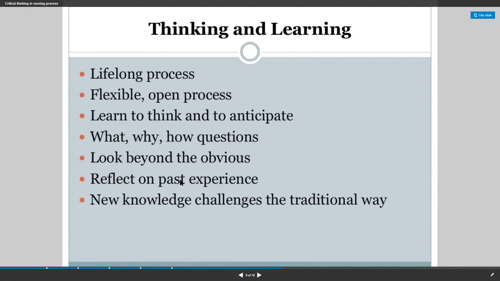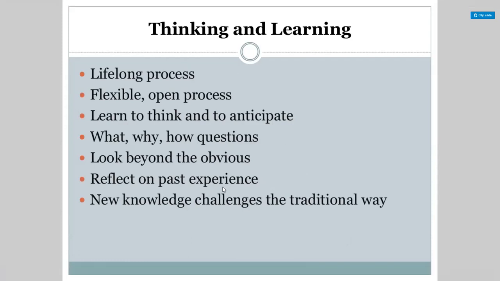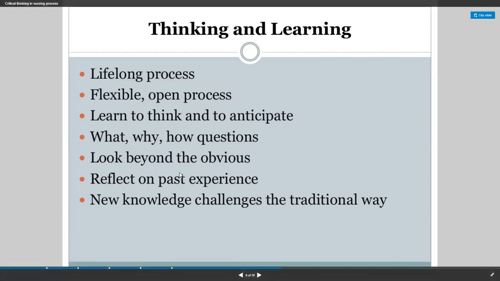Then reflect on past experiences. I have told you that each patient is different, but from each patient there is a lot to learn. That's how you become expert in providing nursing care. So you have to reflect on past experience when you get similar kinds of patients. Then new knowledge challenges the traditional way.